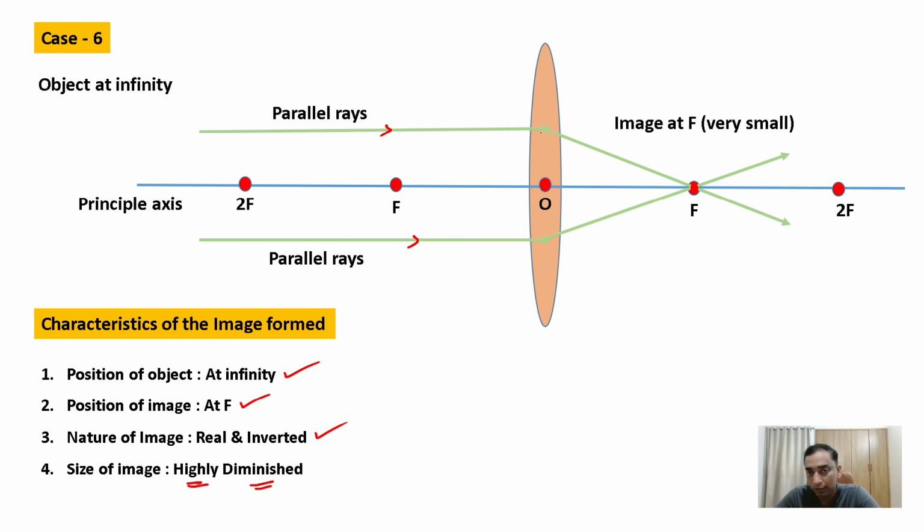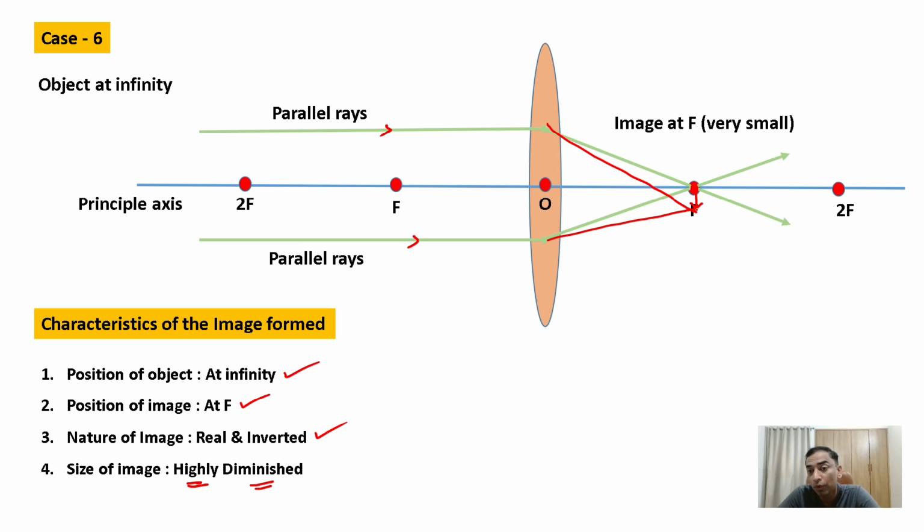Now why diminished? Just understand that had it been these two rays meeting over here, that means this point is way below the principal axis. This is the height of the image. Had it been like this. Now just imagine if this point is shifted a little bit up, right? Like the following. Suppose these two rays are meeting over here, in that case a very small image will be formed.